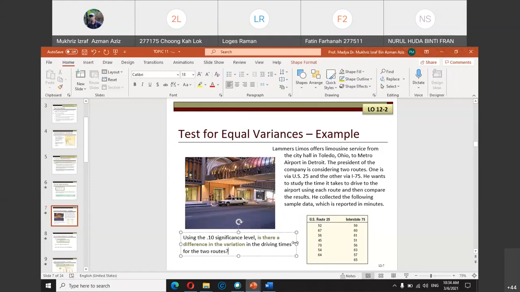We want to see, between these two routes, how much is the variation in the time taken to reach from point A to point B. First, the word difference denotes that your H1 will be the not equal to sign. Secondly, the word variation denotes you are not testing the mean, you are testing the variance. So your alpha is 10%.